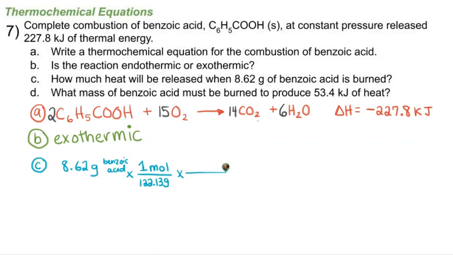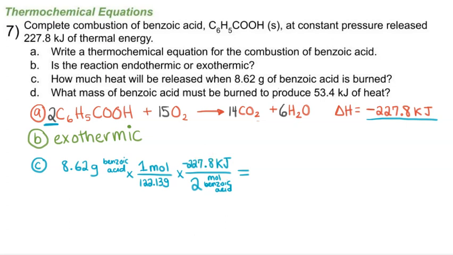And then I need to go from moles of benzoic acid to my kilojoules, which I'll use my balanced chemical equation for with my delta H value. So I know that for every 2 moles of benzoic acid, because benzoic acid has a coefficient of 2, for every 2 moles of this, I liberate 227.8 kilojoules, so negative 227.8 kilojoules.